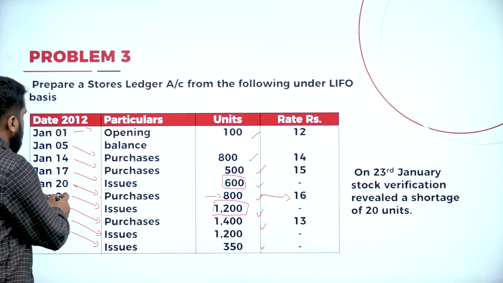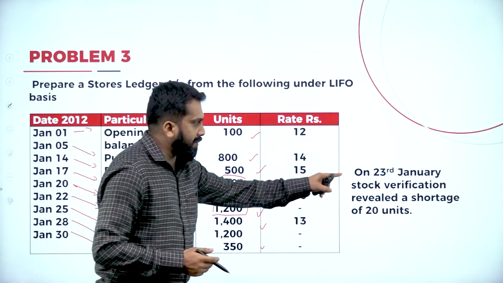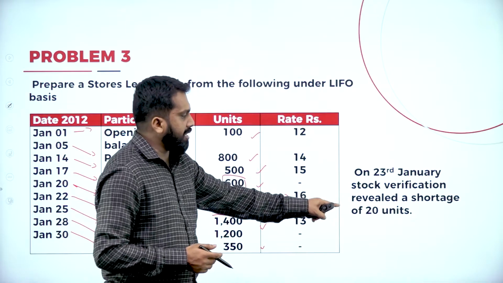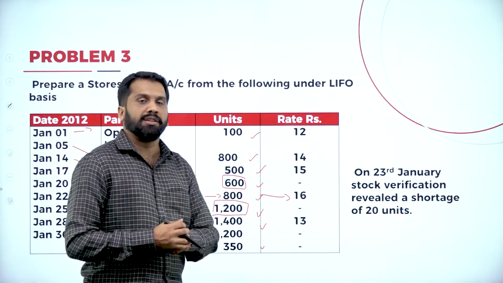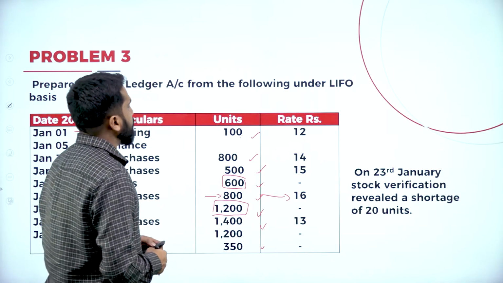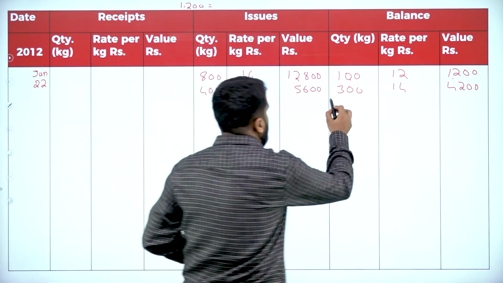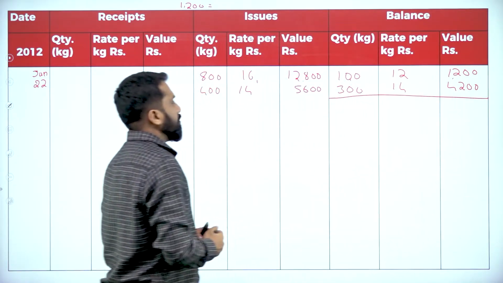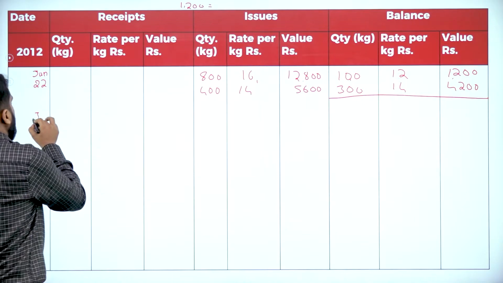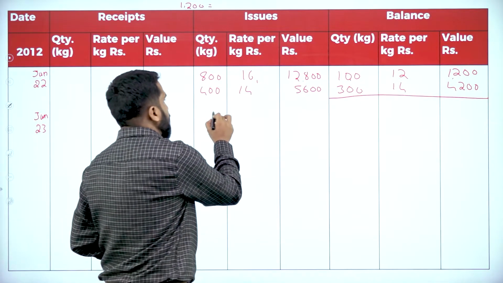After 22nd, what will come? 23rd. See here, on 23rd there is a shortage of 20 units. Shortage means it is an issue.